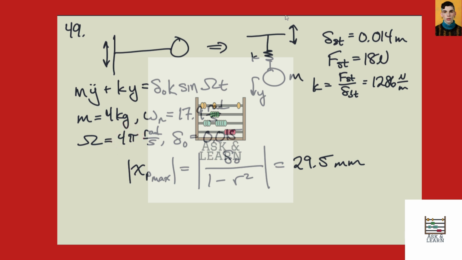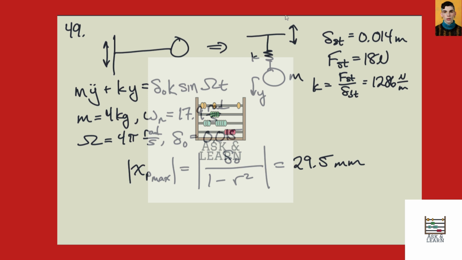And then we were told that the amplitude that this is moving up and down is 15 millimeters. So we wanted to figure out the maximum amplitude, or the amplitude of vibration of this ball about equilibrium here. So how far does it move up and down?